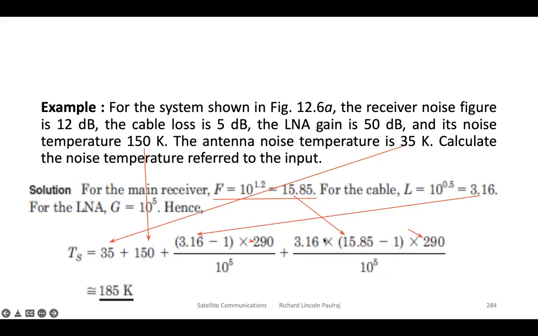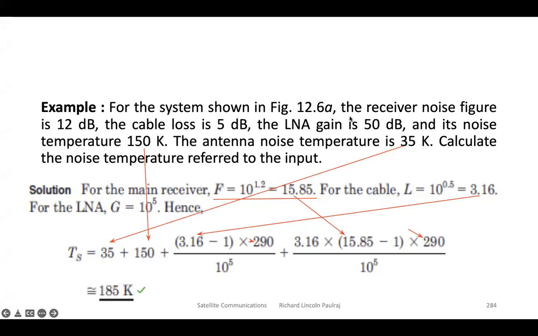Then multiply that value along with 3.16. Otherwise, you can do another step where 3.16 is multiplied by this one, so it becomes 14.85, and you can keep the whole numerator as one number divided by the denominator. That is one way, where here you will have A and here you will have B. So A plus B plus 35 plus 150 should give you the whole value, which is about 185 Kelvin.